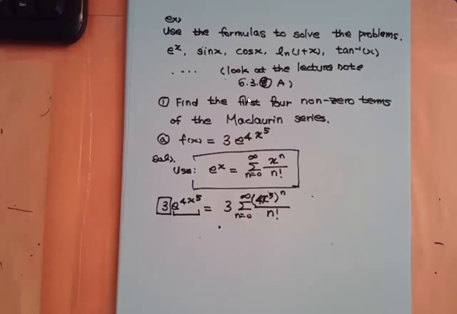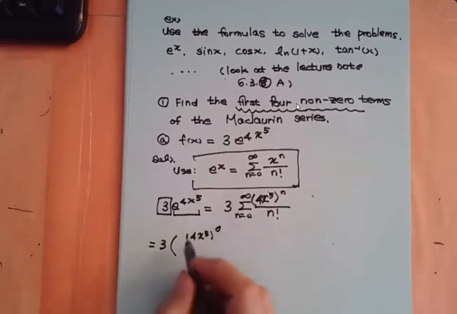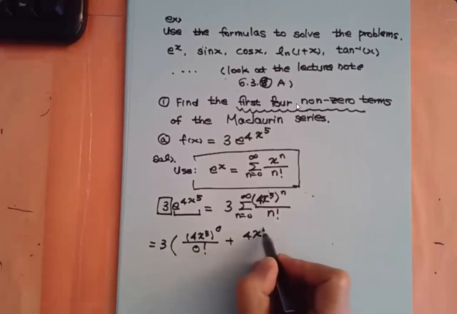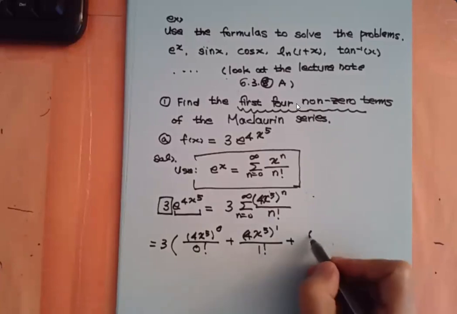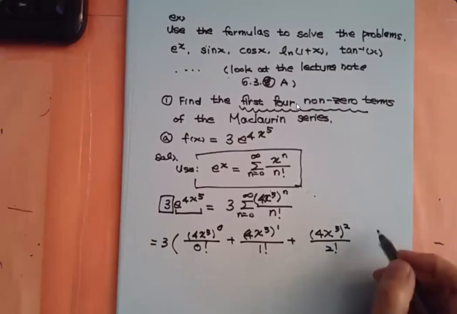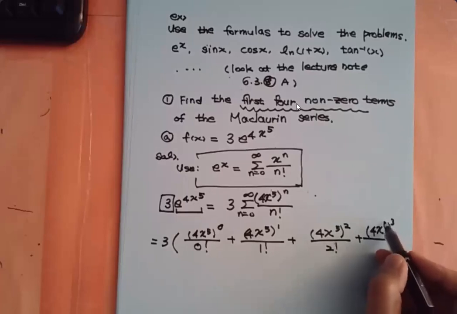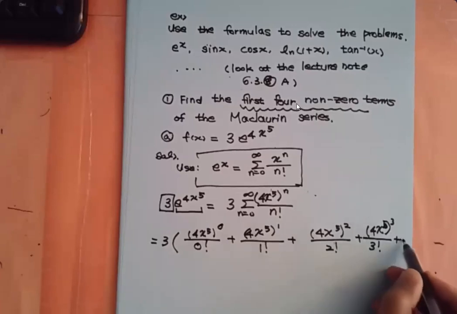So that is 3 open parentheses, 4x to the 5th power, 0 power over 0 factorial, plus 4x to the 5th power to the 1 power over 1 factorial, plus 4x to the 5th power squared over 2 factorial, plus 4x to the 5th power, 3 power, over 3 factorial, and so on.